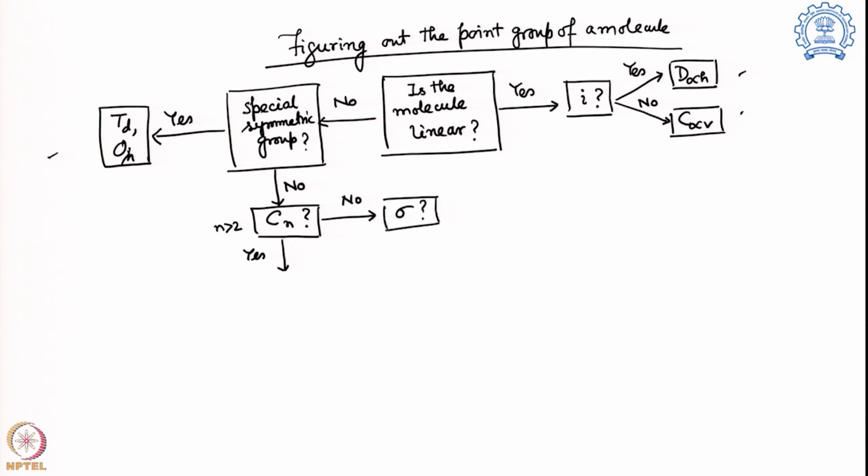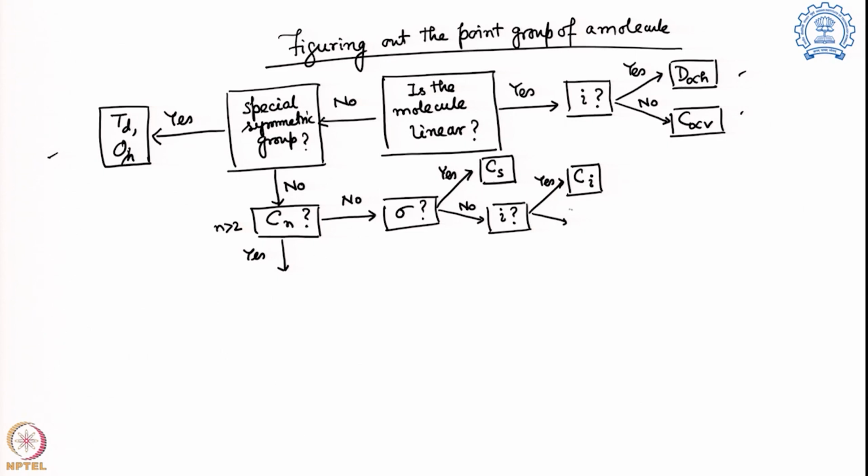If I ask it first and the answer is yes, then it belongs to point group Cs. So, done. If the answer is no, then the next question I ask: do you have an inversion center? If the answer is yes, it belongs to point group Ci.